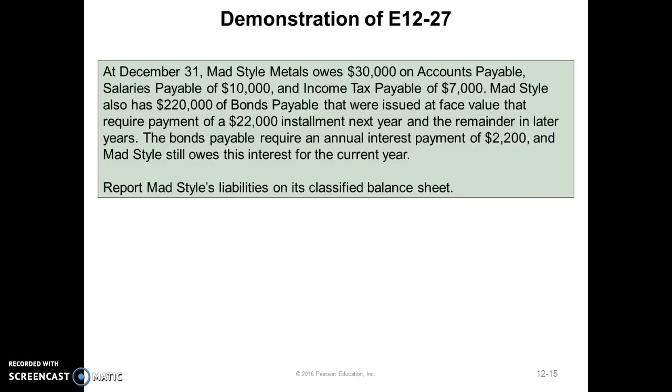Mad Style also had 220,000 of bonds payable that were issued at face value, which means at par, so that would be at 100, that require payments of 22,000 installment next year and the remainder in the later years. The bonds payable require an annual interest payment of 2,200, and Mad Style still owes this interest for the current year. Report Mad Style's liabilities on its classified balance sheet.